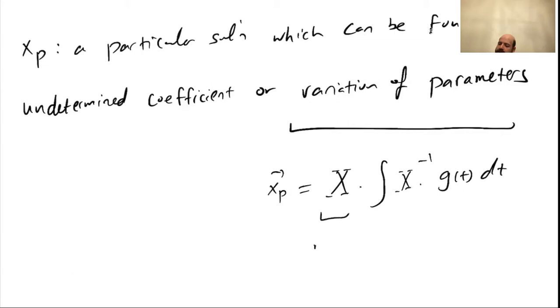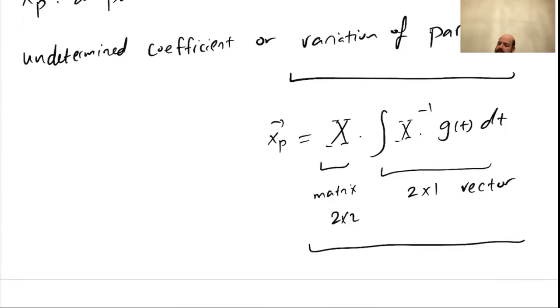Now, this is a matrix. In the case of 2 by 2, it will be a 2 by 2 matrix, and this will be a 2 by 1 vector. And overall, the answer will be a 2 by 1 vector.